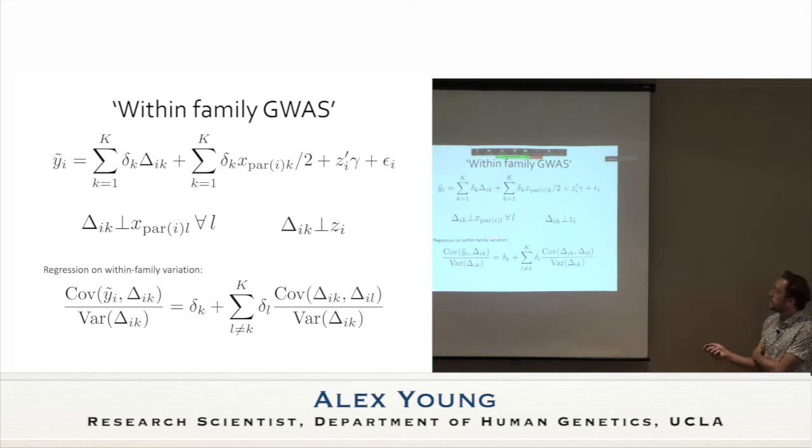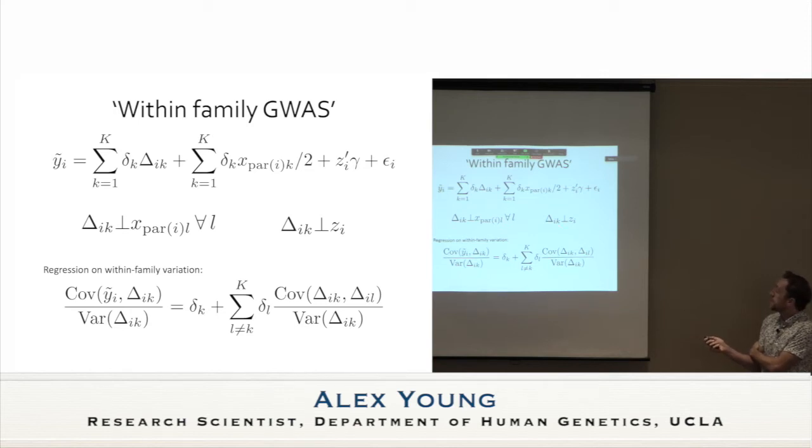So then we have these properties: the segregation genotype at SNP K is independent of the parental genotype at SNP L for all SNPs L. That's by construction. It's independent for SNP K and also for all the other SNPs. So if we want to regress phenotype on the segregation genotype, we can ignore this whole parental genotype term.